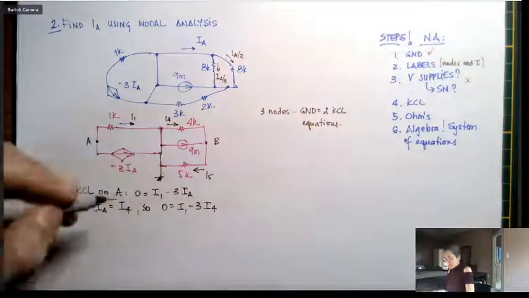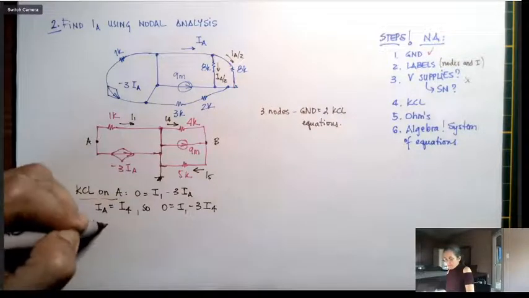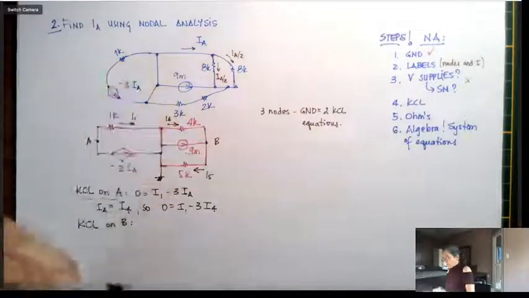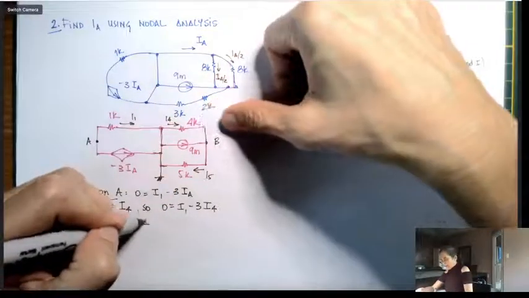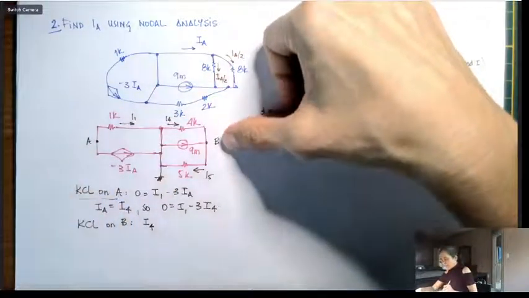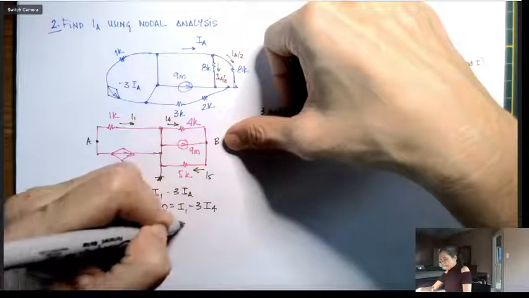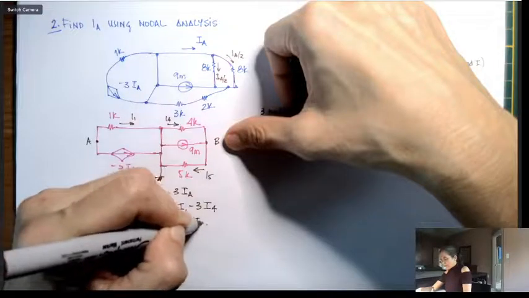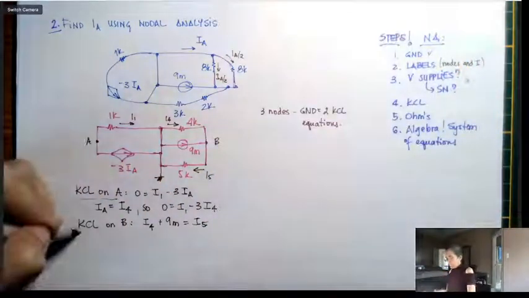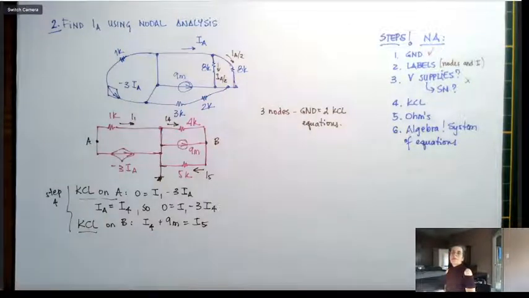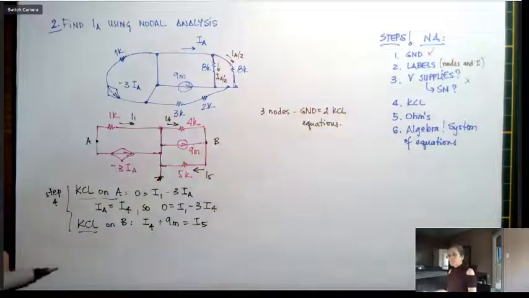And now I'm going to do KCL on B. On node B, there's I4 coming in, there is 9 milli coming in, and there is I5 coming out. So this was my step 4. And I'm going to go to step 5, which is Ohm's law for these currents.